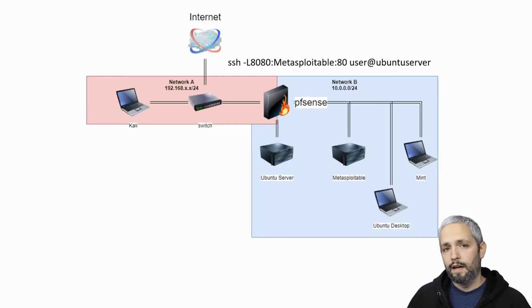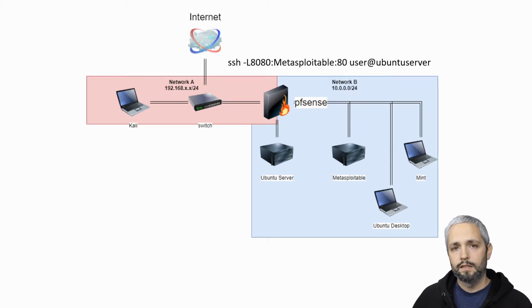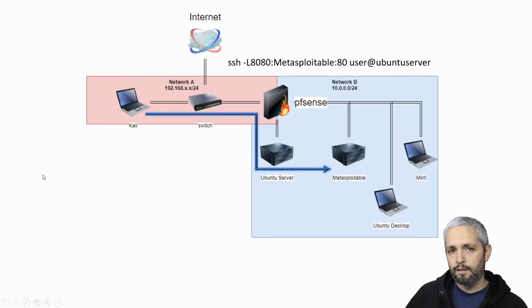Our target right now is to go from our Kali box over to the Metasploitable box on port 80. So we're going to create that tunnel that I mentioned. From the Kali box, we're going to go through the Ubuntu server over to Metasploitable, port 80.